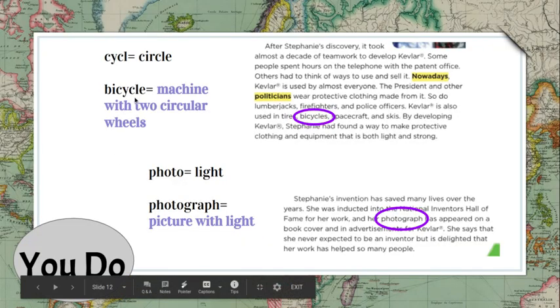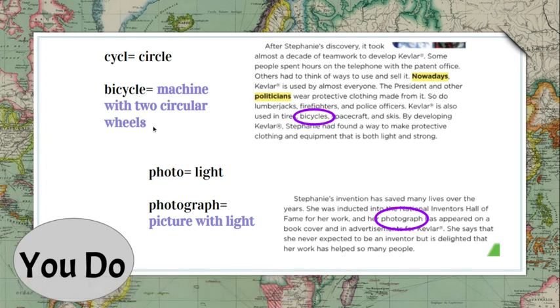If you had a definition similar to this for bicycle, machine with two circular wheels, you are correct. That word bi, or the prefix bi, means two. We've learned that one before. And the cycle, CYCLE, we know means circle.